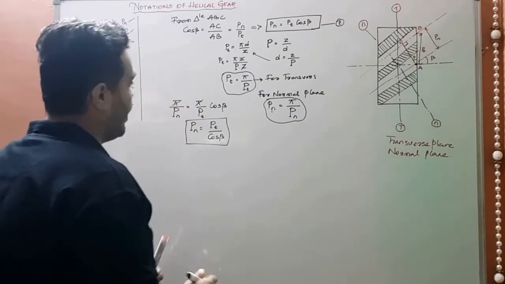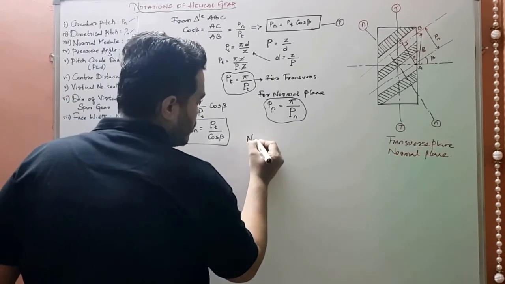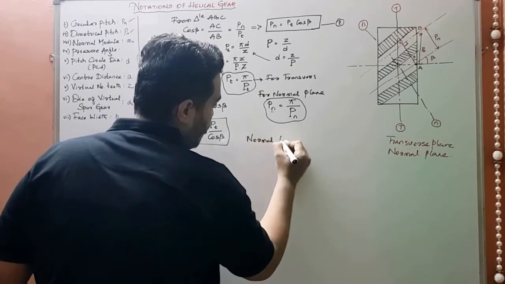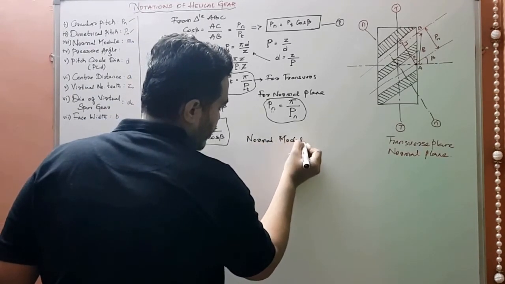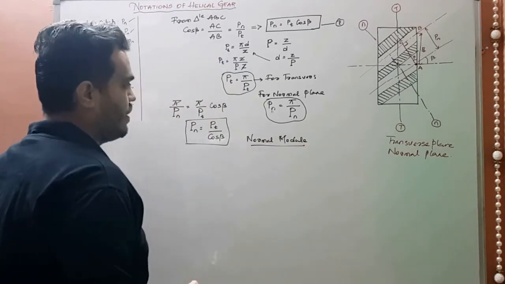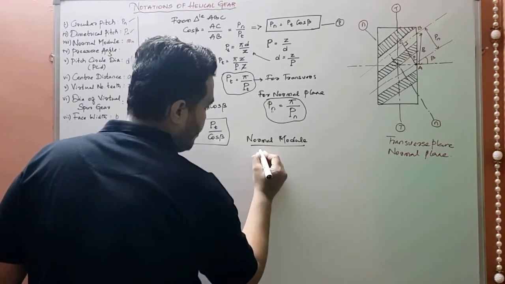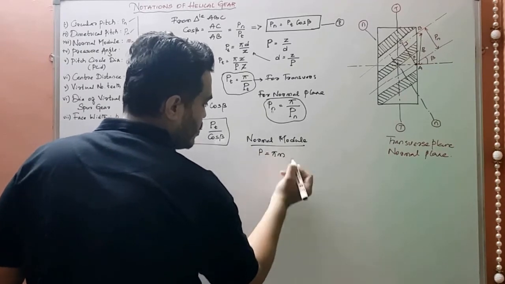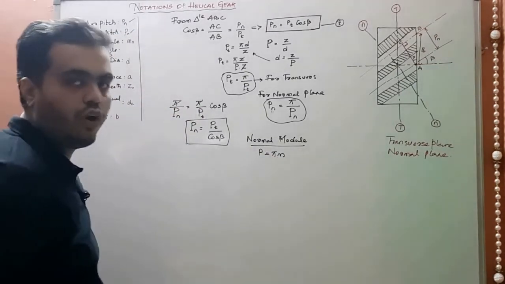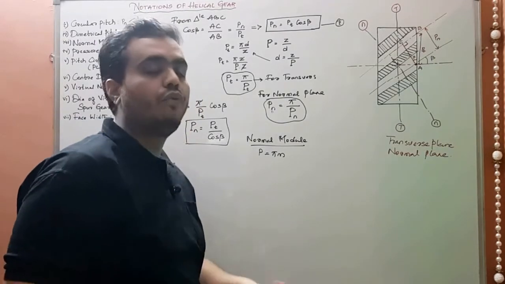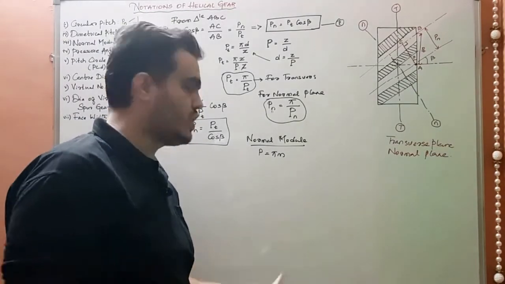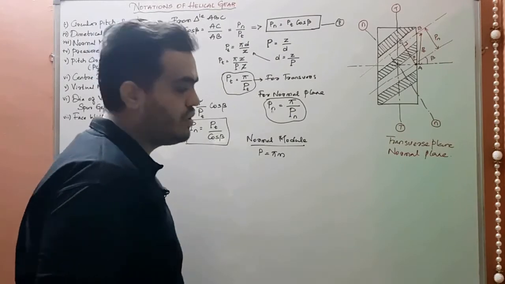So next we will see how to find the pressure angle and normal module. We just have to find out the normal module. All of you know the equation for module, right? We have p is equal to pi m. That is the circular pitch value you get when you solve problems of design of spur gear, the pitch value, that is pi m.